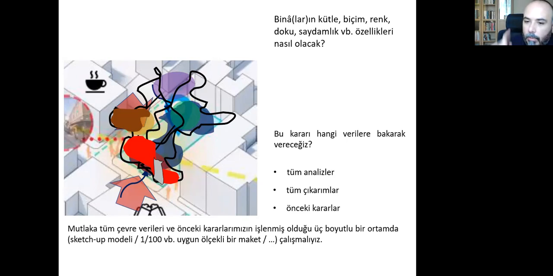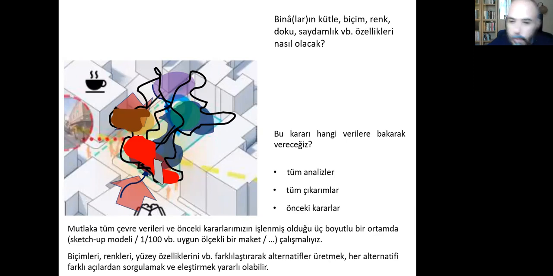Please do not forget, you need to work in a 3D environment. This can be either a digital model, an actual model, or things like that. You need to think in 3D when you are deciding these properties, and you need to see all the important environmental analyses, your pre-design decisions, and your previous decisions.